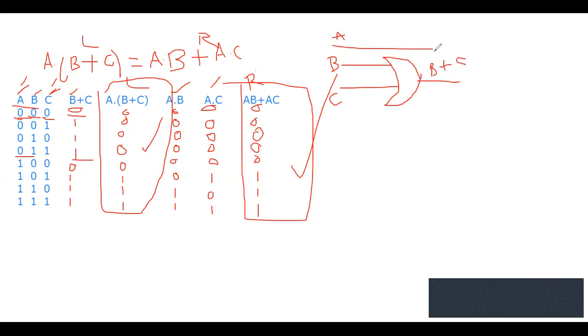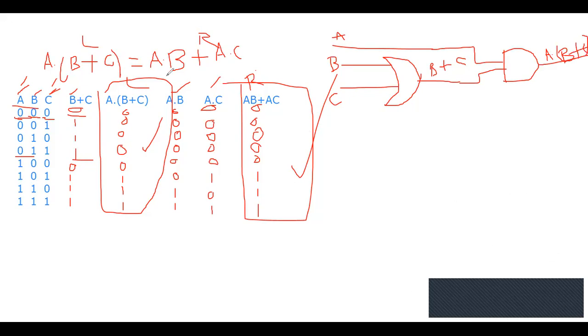Now this is A, this is B plus C. A dot. Dot means which gate? AND gate. Okay, ma. Do you understand how to draw this circuit? In this way, we draw the LHS expression.